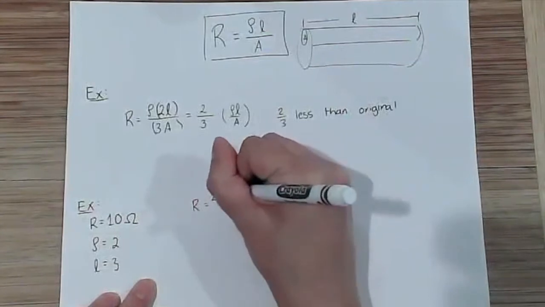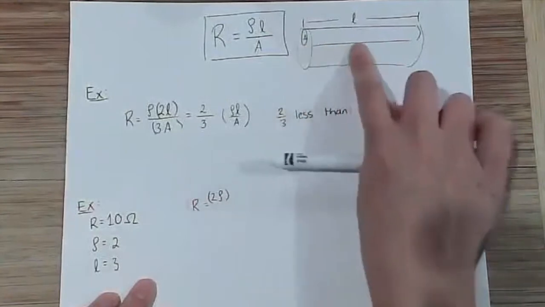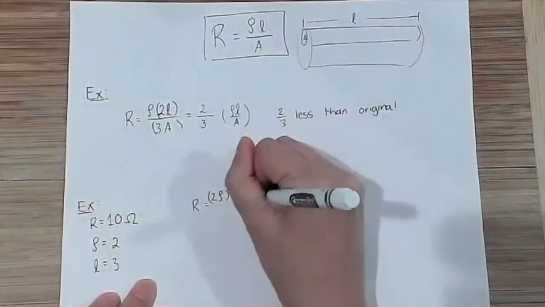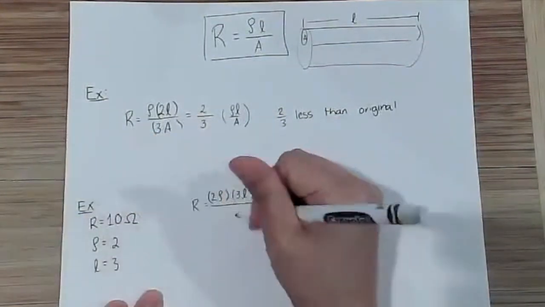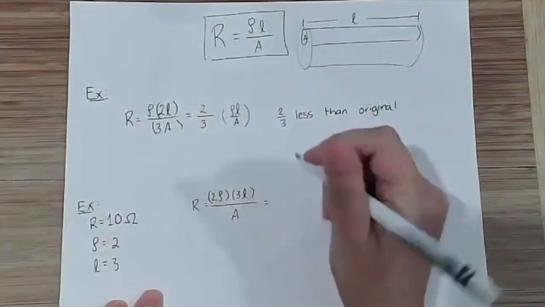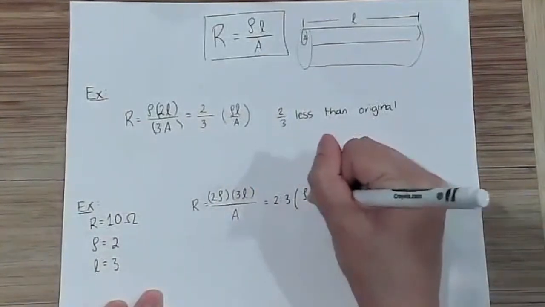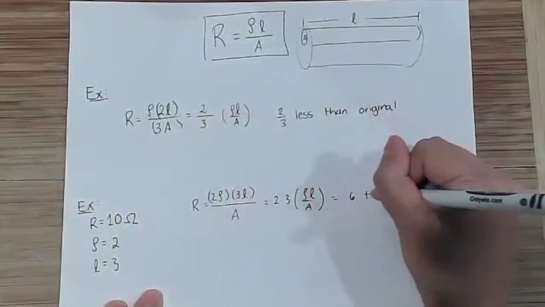Having more resistivity would mean that it's closer to an insulator, so it's harder for electrons to move through this material. Tripling the length would make it harder for electrons to move too. The cross-sectional area hasn't changed, so now this is 2 times 3 of the original value, or 6 times larger than the original.